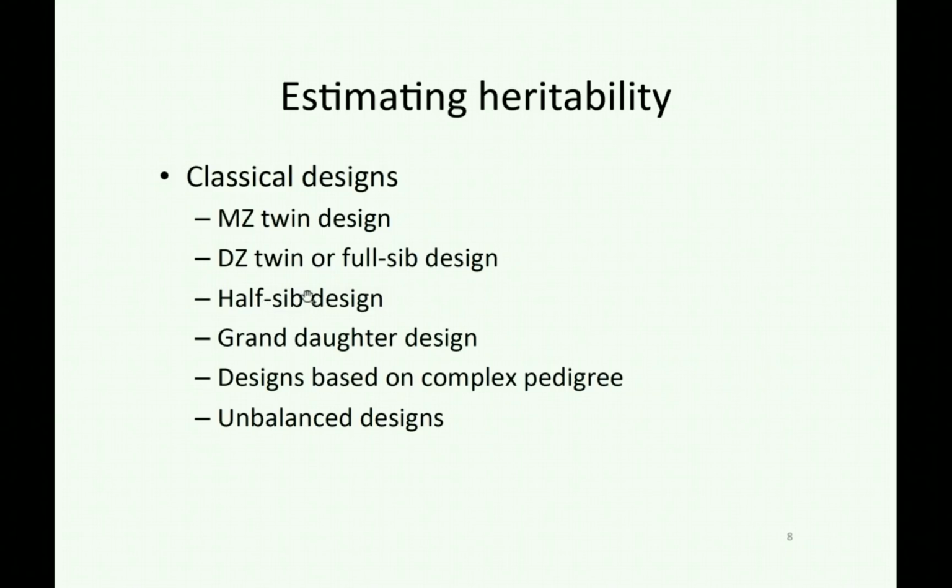And in experimental species or livestock, the half-sib design is also widely used. And the granddaughter design is a special case of a half-sib design. And there are also other designs based on complex pedigrees. And designs are not always balanced. There can be unbalanced designs. For example, within each family, the number of members can be different.